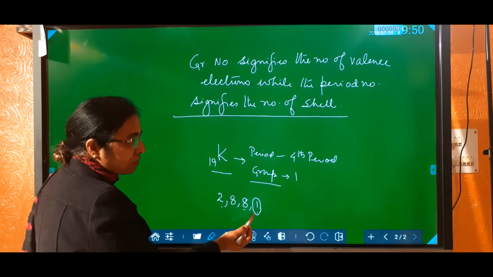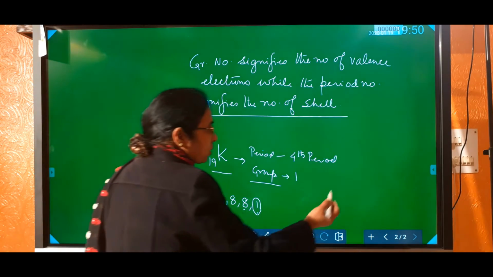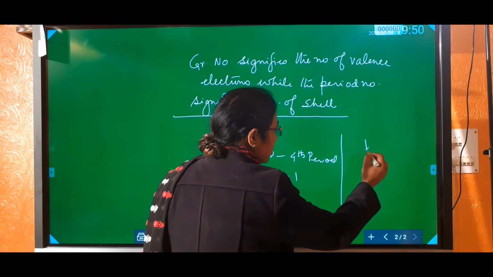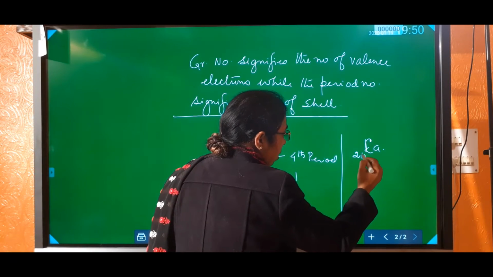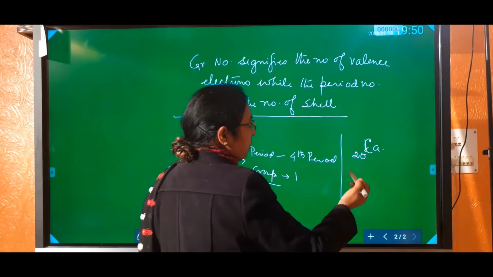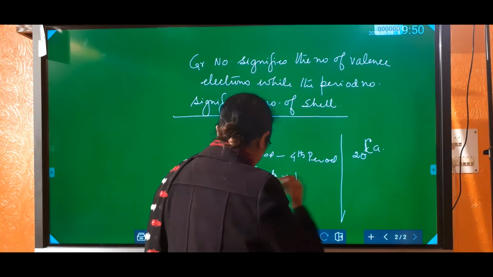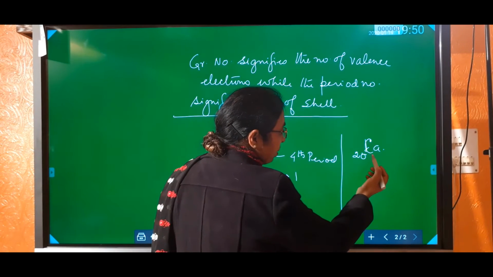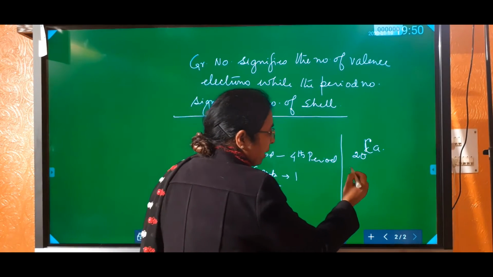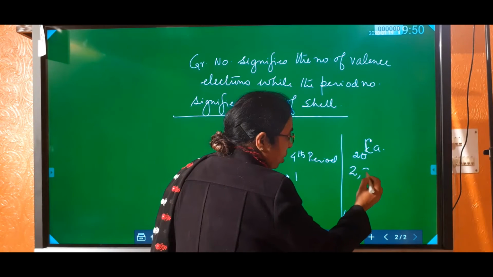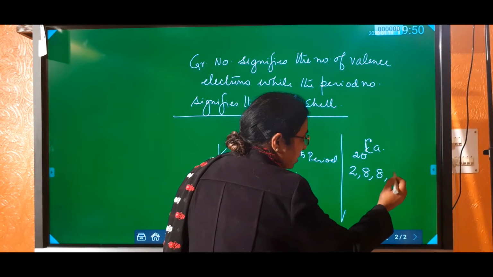We can see some more elements this way. Supposing I write calcium 20. The configuration will become 2, 8, 8 and 2.